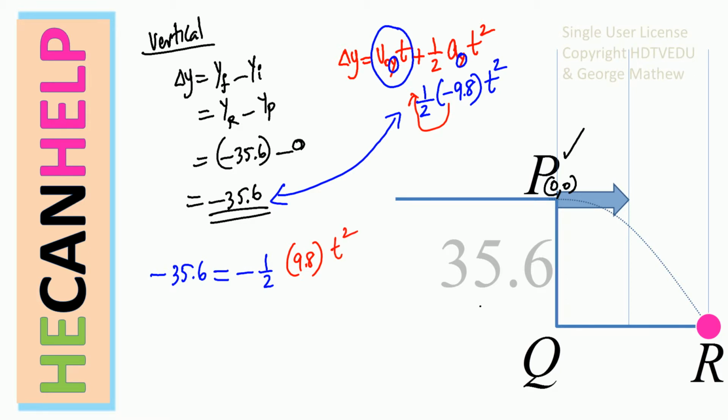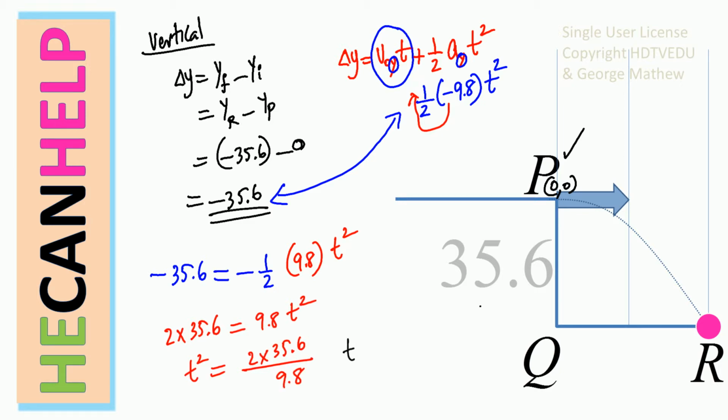Negative and negative cancel. Multiply both sides by 2. So you get 2 times 35.6 equal to 9.8 t squared. So what do we get for t squared? 2 times 35.6 divided by 9.8.